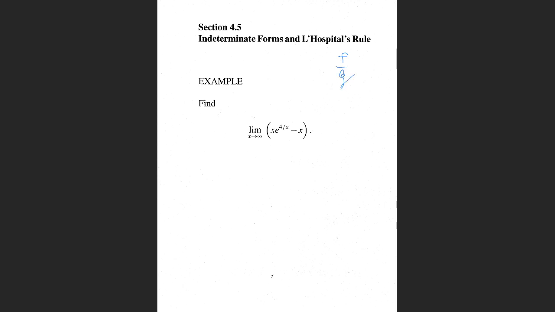I have the difference of two functions here, but what we can do is factor an x. And so we have the limit of x times the quantity e to the 4 over x power minus 1.